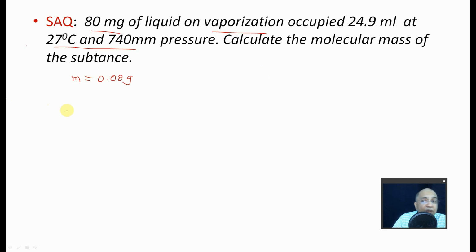But we have to convert to STP first. So P1 V1 by T1 is equal to P2 V2 by T2. That means P1 is 740, V1 is 24.9 milliliter. Let it be same, don't change the units.